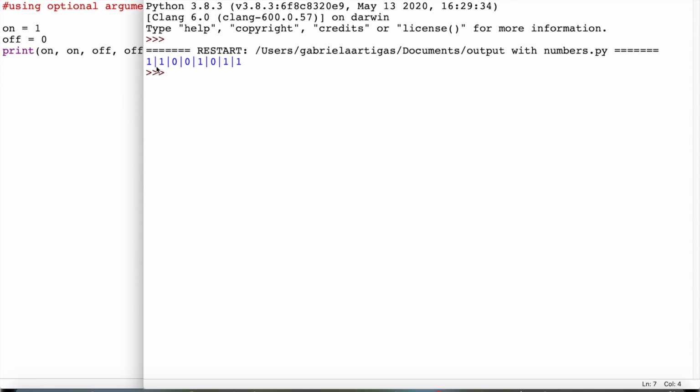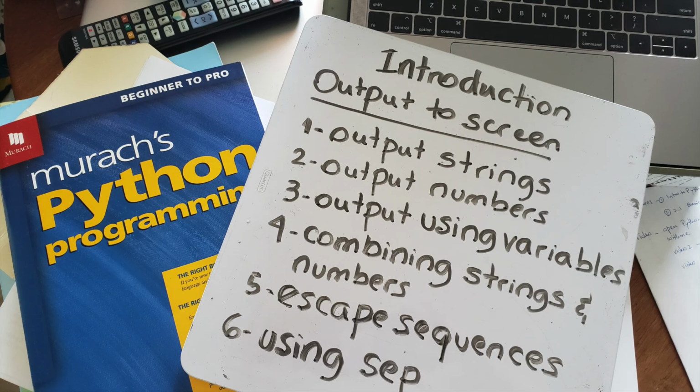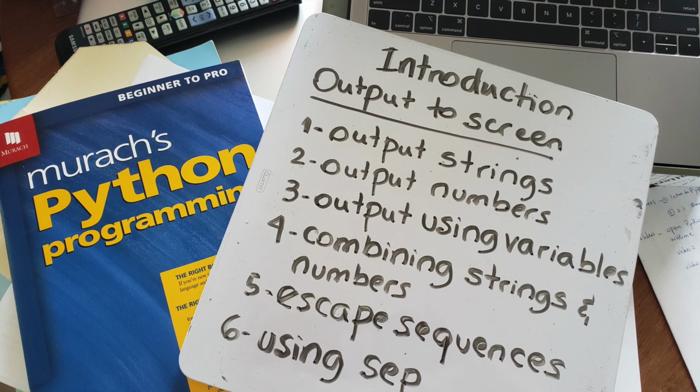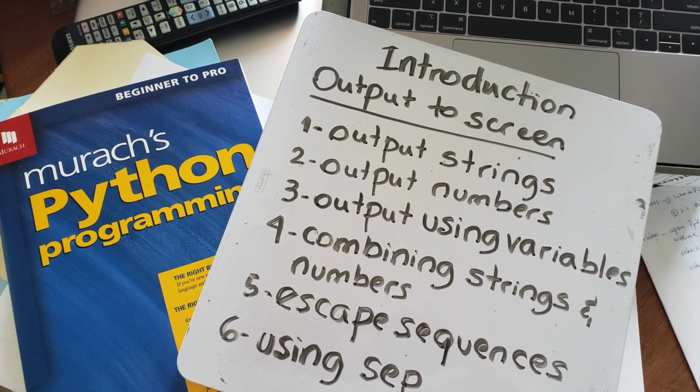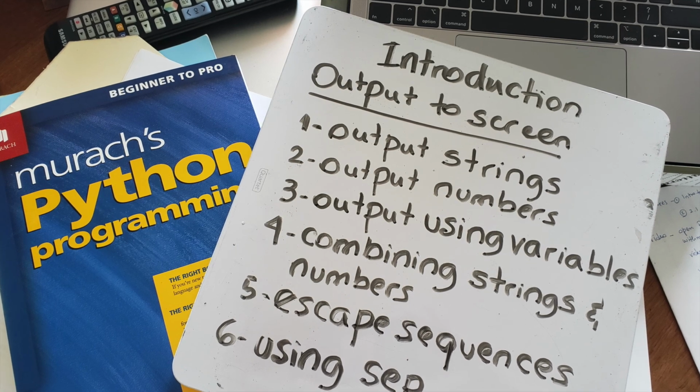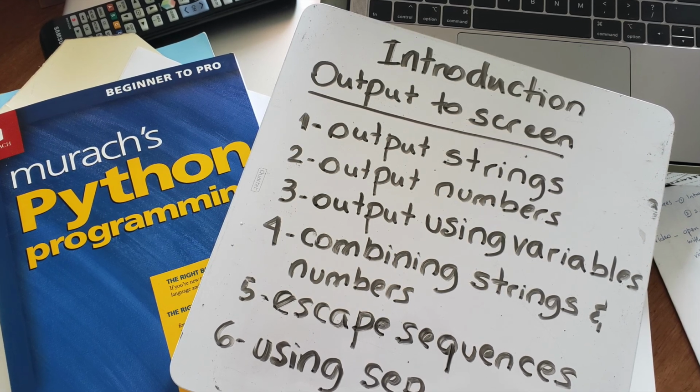There you go. So when I output that, because the variables on and off represent 1 and 0, they're replaced by the values, and the separator is displayed on the screen. So this is used for cosmetic reasons, and it helps you when you have to output multiple values. You can just say once what the separator is.